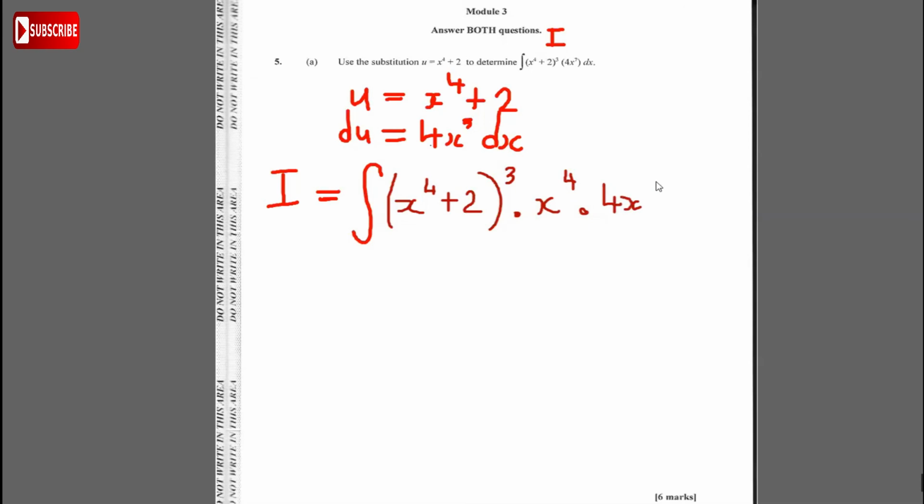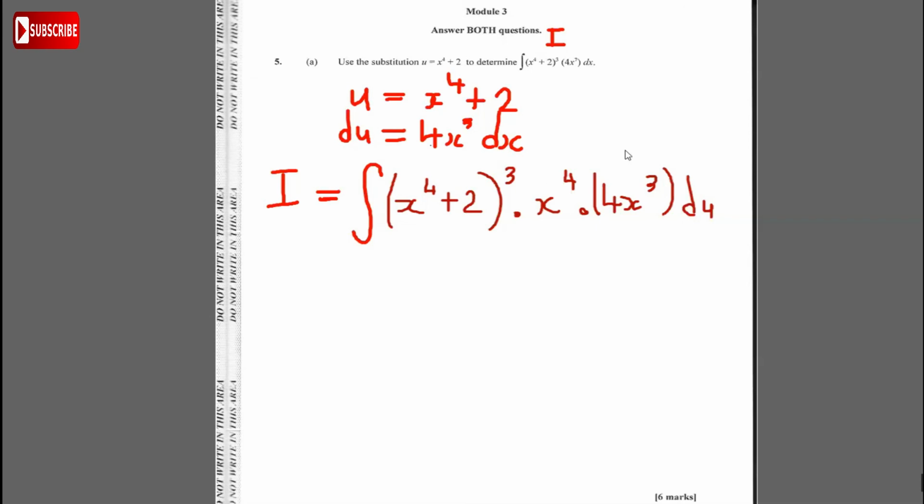I might say, sir, why put it in that order? I put it in this order so I can use my substitution. X to the 4 times 4x cubed is still going to give me 4x to the 7.